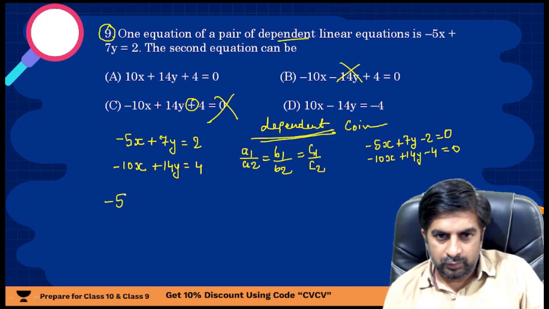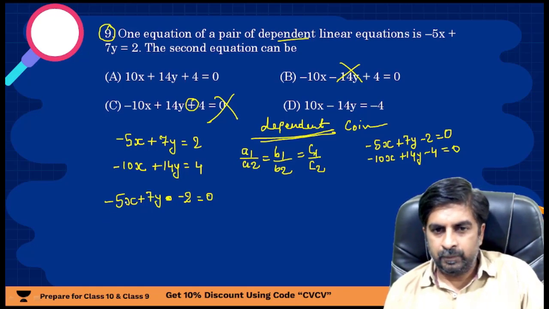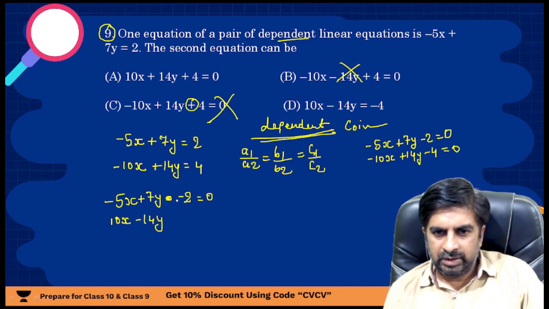So what I am going to do: minus 5x plus 7y equals 2. So let me write it as minus 2 equals 0. Now I will do negative positive. If this is negative, can I say this will be positive, this positive, this negative double, and this negative. So let me take it positive. Can you see any such type?